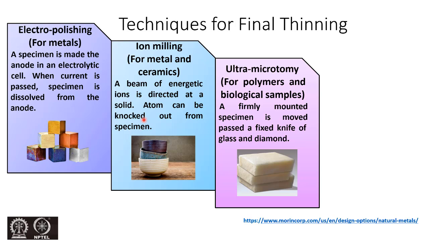This is used for metals and ceramics. A beam of very energetic ions is directed on a solid, and atoms can be knocked out from the specimen. Then we have ultramicrotomy. This is for polymers and biological samples. A firmly mounted specimen is moved past a fixed knife of glass or diamond. With the help of that, we can cut the sample into a very thin layer of film.